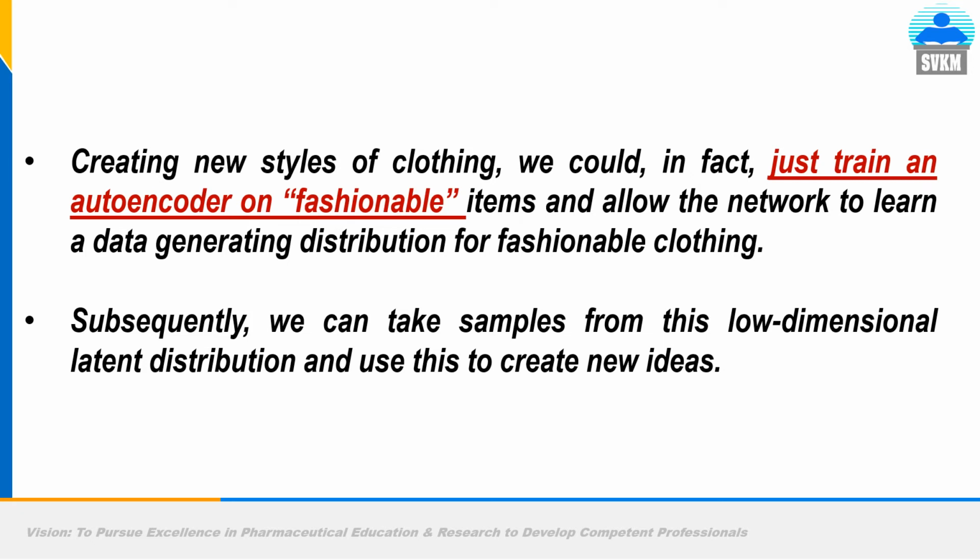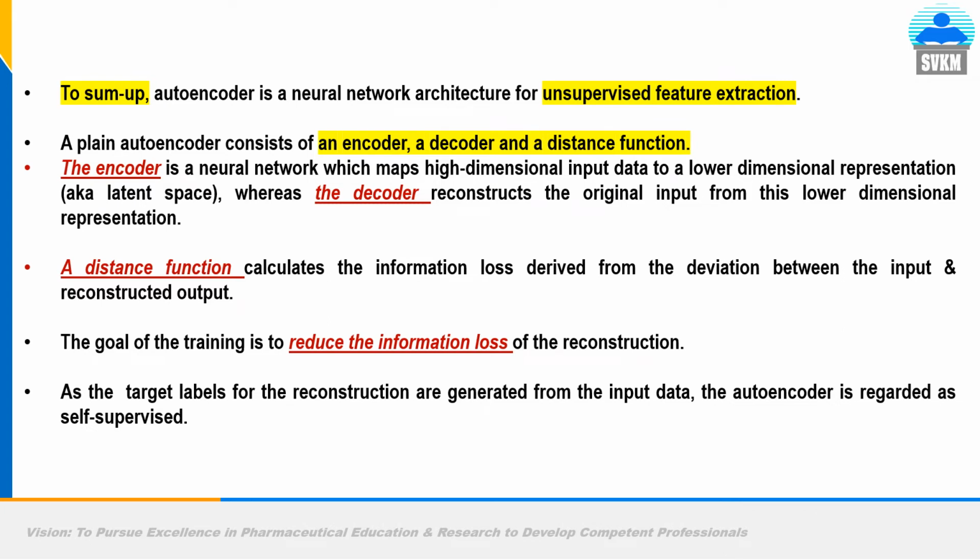You will show an image of fashionable clothes, and then the encoder will make a latent space of those fashionable clothes, and from that latent space you can generate or sample different types of images of fashionable items, or you can further fine tune them. Subsequently, we can take samples from this low dimensional latent distribution and use this to create new ideas, that is, new fashionable items. So to sum up, an autoencoder is a neural network architecture for unsupervised feature extraction.